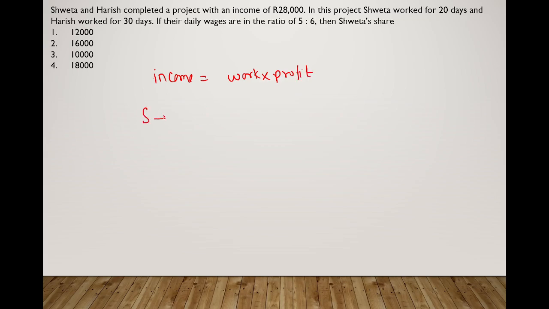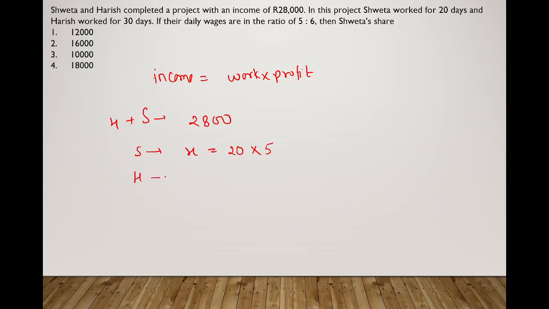So Sweta plus Haris is 28,000 total. For Sweta, if Sweta's income is X, she worked for 20 days, and the profit is 5.